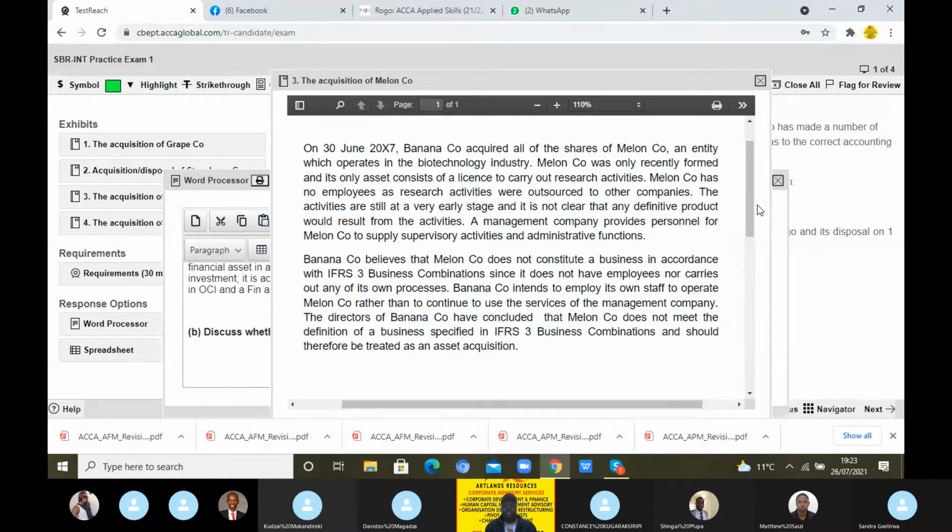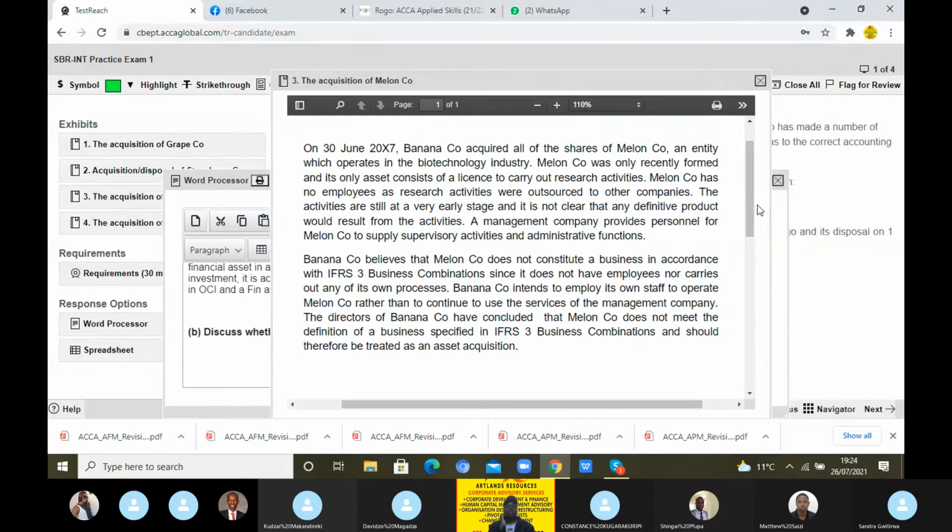On 30 June 2007, Banana acquired all of the shares of Melon, an entity which operates in the biotech industry. Melon Company was only recently formed, and its only asset consists of a license to carry out research activities. Melon Company has no employees as research activities were outsourced to other companies.